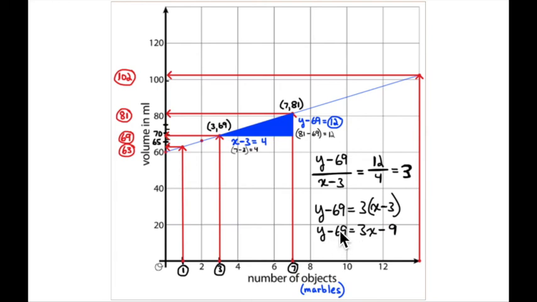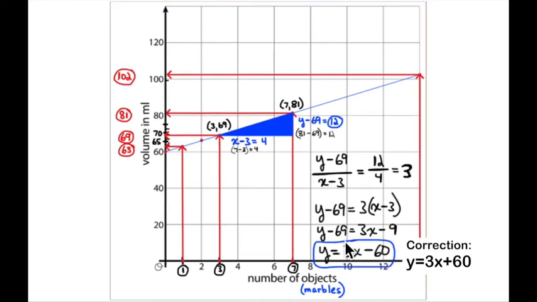So now you have to add that 69 back. So you add the 69 back, but you have to take away the 9 at the same time. Add 69, subtract 9, that gives you the 60. So you're left with the equation y equals 3x minus 60. So 3 times the number of marbles added gives you the volume, but you have to subtract the 60 milliliters that you start with.